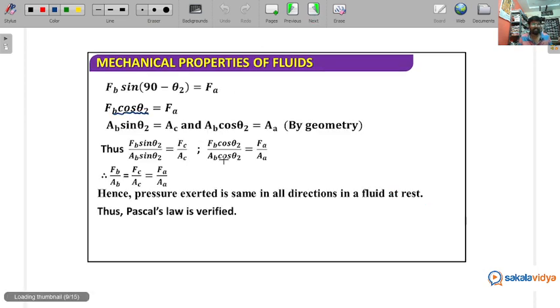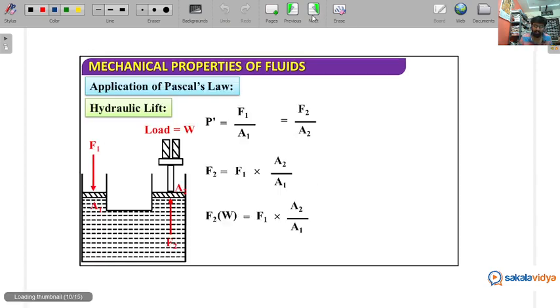Which means that the intensity of pressure acting in all directions is the same when the fluid is in the rest condition. Now let us see some practical applications of Pascal's law.